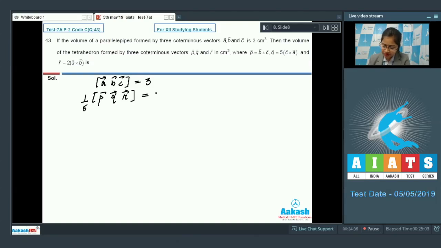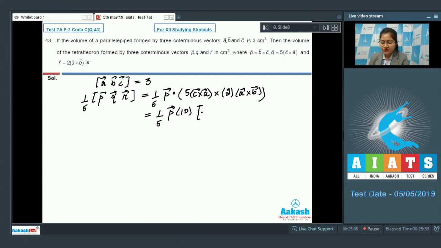This is what we have to find, which is equal to 1 by 6 P dot Q cross R, which can be written as 5 into C cross A cross 2 times A cross B. That is equal to 1 by 6 into P vector into 10 dot scalar triple product of CAB into A. Now CAB is equal to the scalar triple product of ABC, that is 3, times A vector, and the other term will get cancelled.